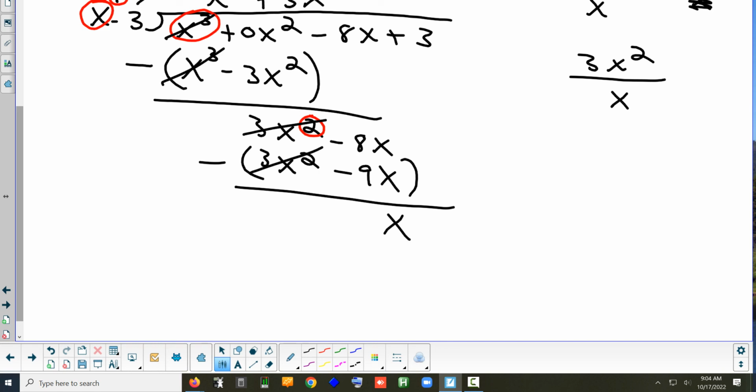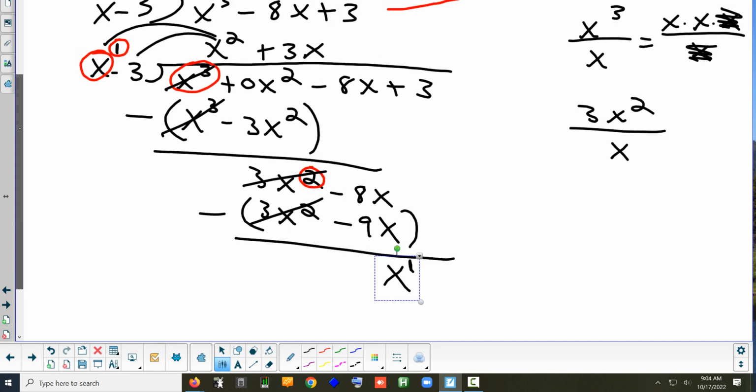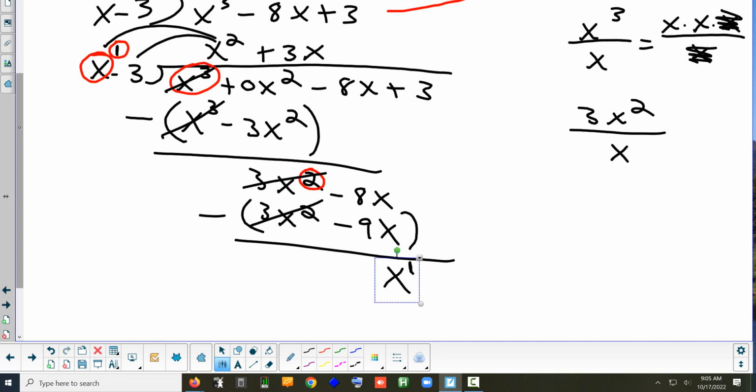Lucas, what's the exponent on this x now? It's a 1. What was the exponent on what we started with? 1. Now they're the same. We got to go one more time. We have to keep going until this exponent is smaller than that one. But notice it went down each time. It was a 3, it was a 2, now it's a 1. So this is the last time. Okay, bring down our next term.